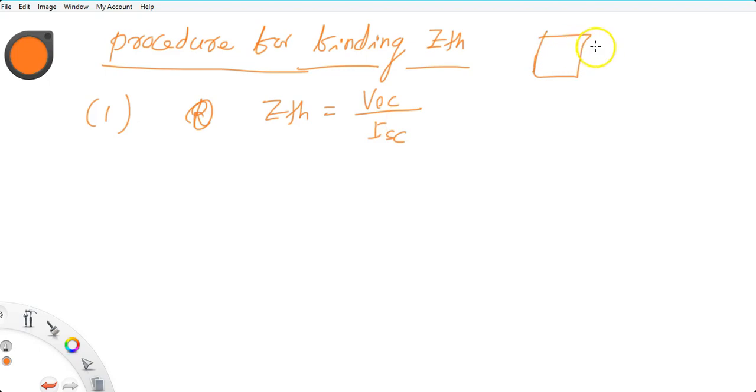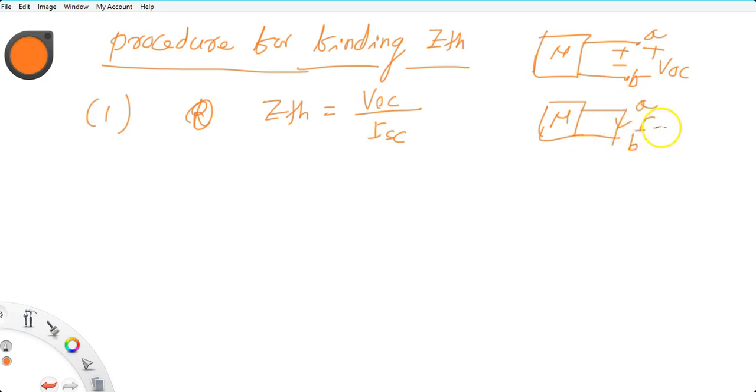This is the network. We have found the open circuit voltage, or Thevenin voltage. How do we find the short circuit current? This is A and B. Put a short between terminal A and terminal B, and this is your short circuit current. By dividing the open circuit voltage by the short circuit current, you can find the ZTH.